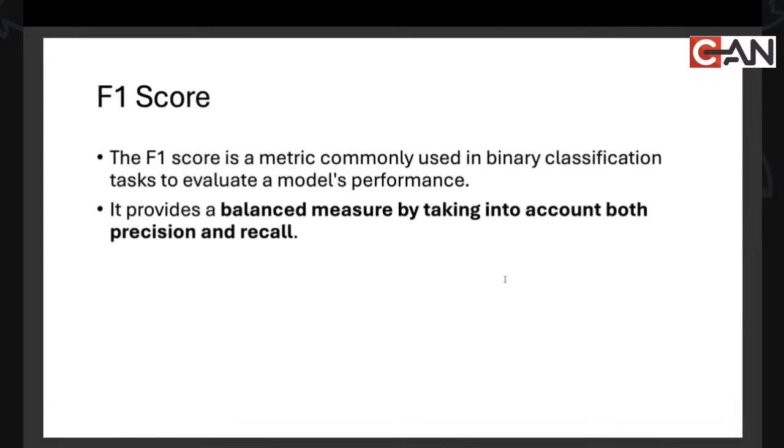So the F1 score is a metric that's very commonly used in binary classification, and it has a fun descriptor for itself, which is the harmonic mean between precision and recall. So this metric takes into account both precision and recall and equally balances them.